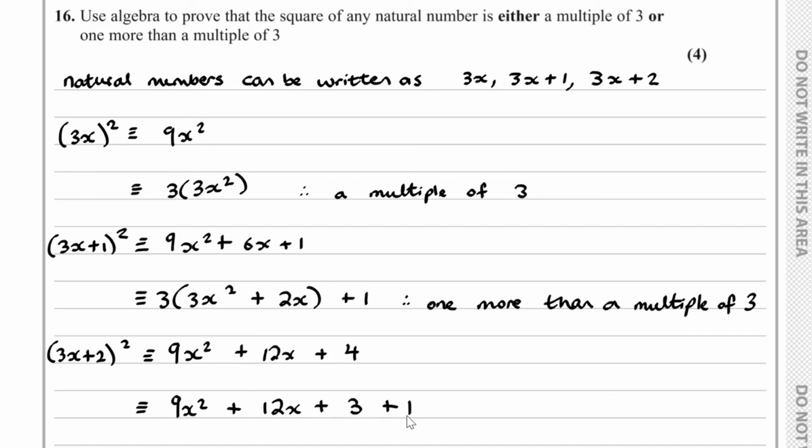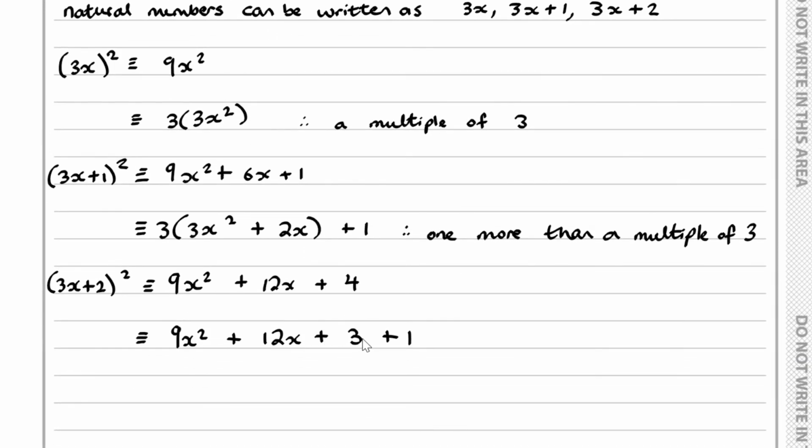The reason I want to show this is that if we can somehow factorize out a 3, then we've shown that this 4 can be written as 3 plus 1, which will help us to factorize.